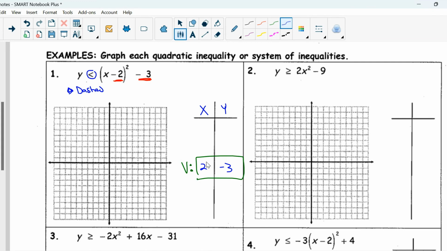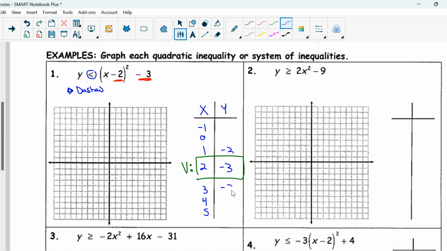So let's go ahead and graph a couple more points. So if I have 1, 0, -1, if I also go the positive direction, remember on both sides of your vertex, you will get the same solution. So if I was to plug in 1, I have 1 minus 2, which would be 1 squared, 1 minus 3, -2.